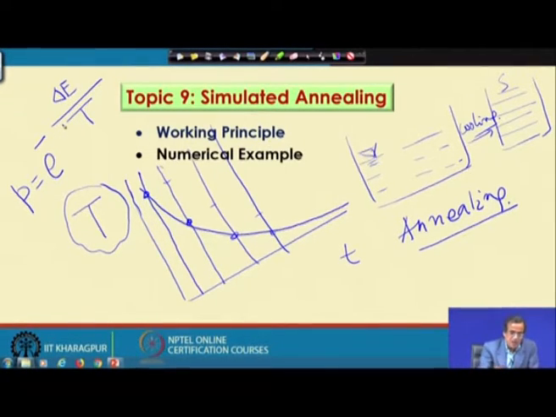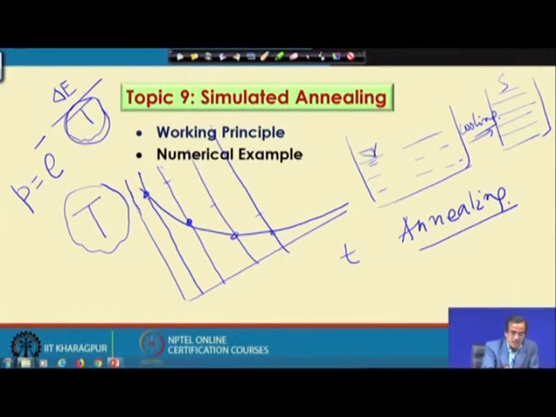Now, let us see what happens as temperature increases.